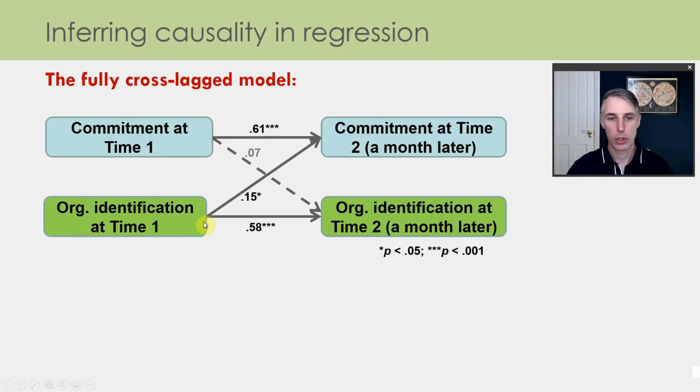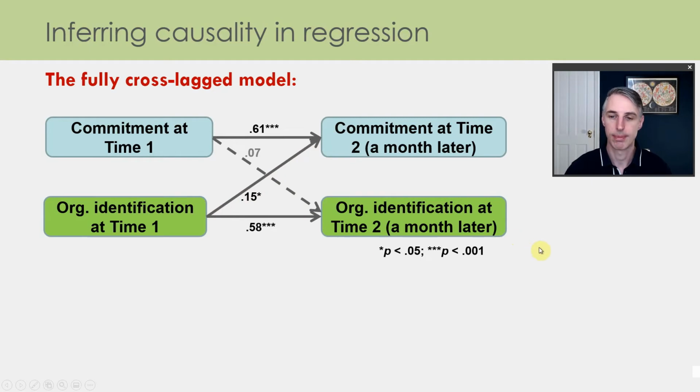In this case, these are the beta coefficients. Here we have identification predicting itself over time, commitment predicting itself over time, and these diagonal arrows show whether they are predicting the opposite variable's change over time.